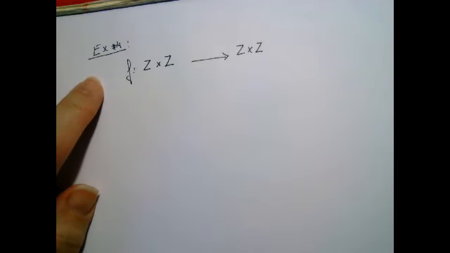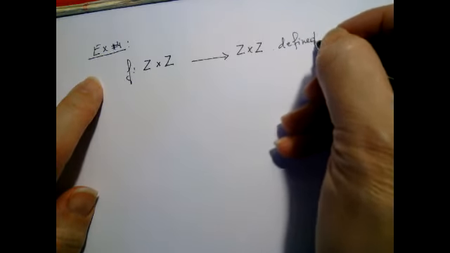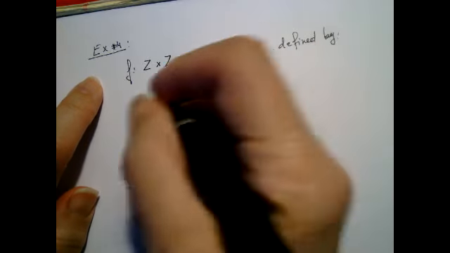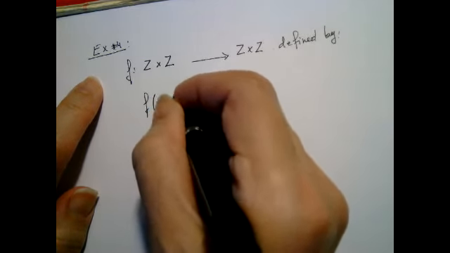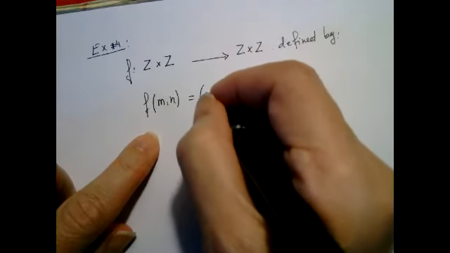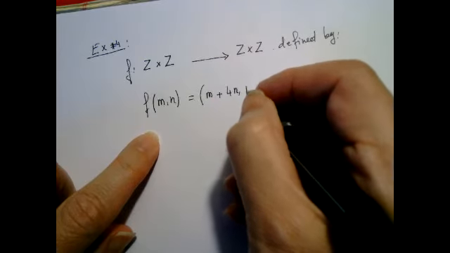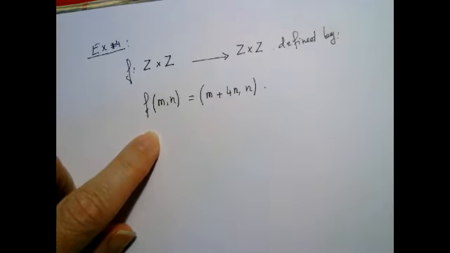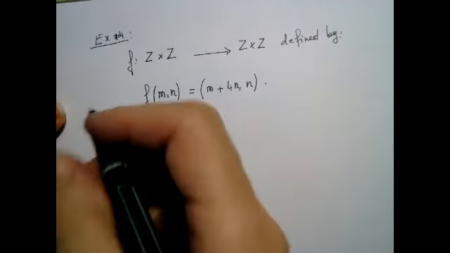It's defined by: the input is an ordered pair, and the output is an ordered pair. I'm going to define this to be equal to, let us say, m plus 4n, and then.